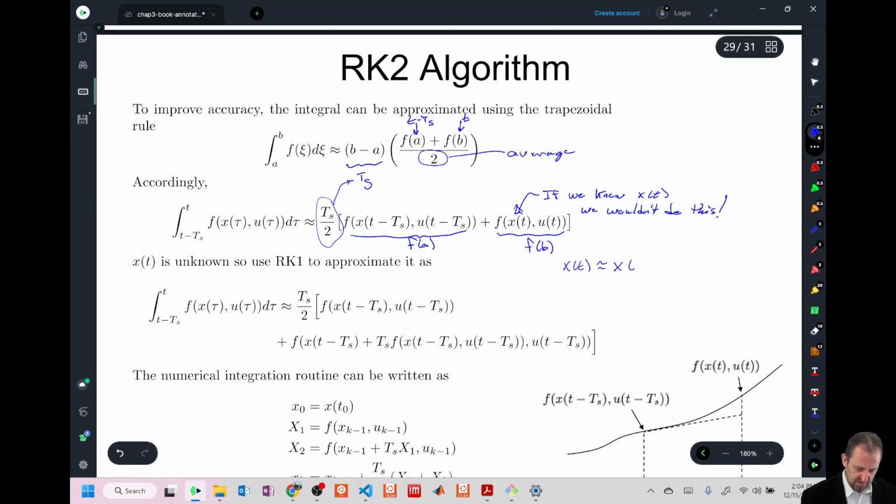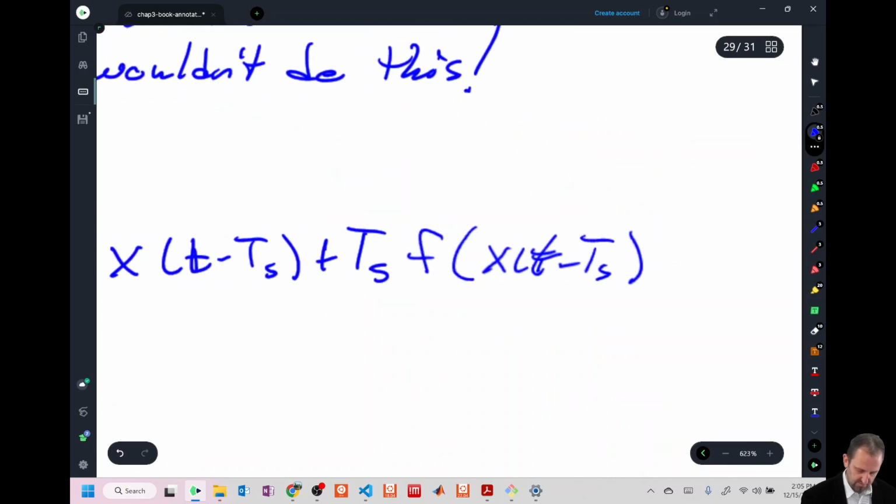x at time t minus TS, plus our time interval times f of x evaluated at t minus TS, u at t minus TS.